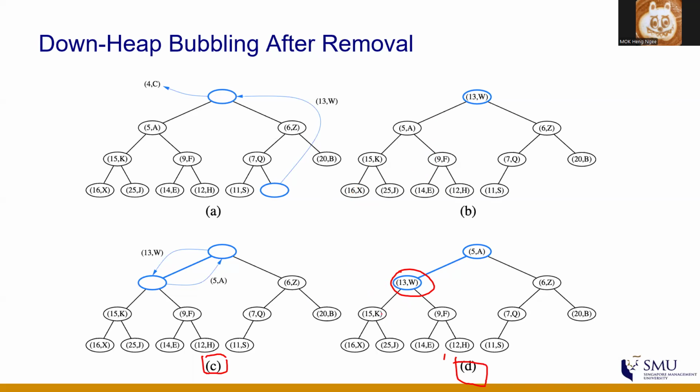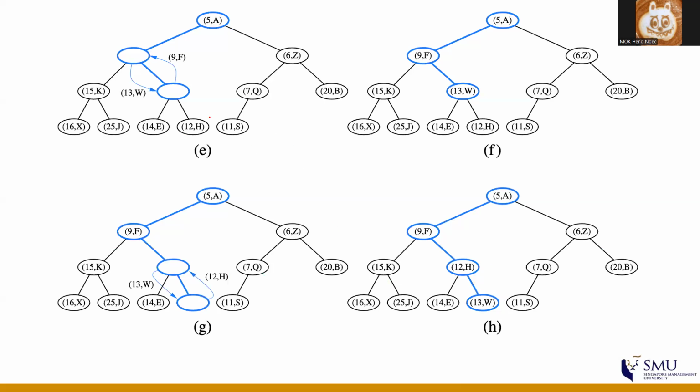Here we check 15 versus 9, which is smaller? 9 is smaller. And we check 9 versus 13, and we perform a swap. This is the outcome, F is the outcome. We are not done yet. We have to check if this one can go down some more. Which is the smaller child?